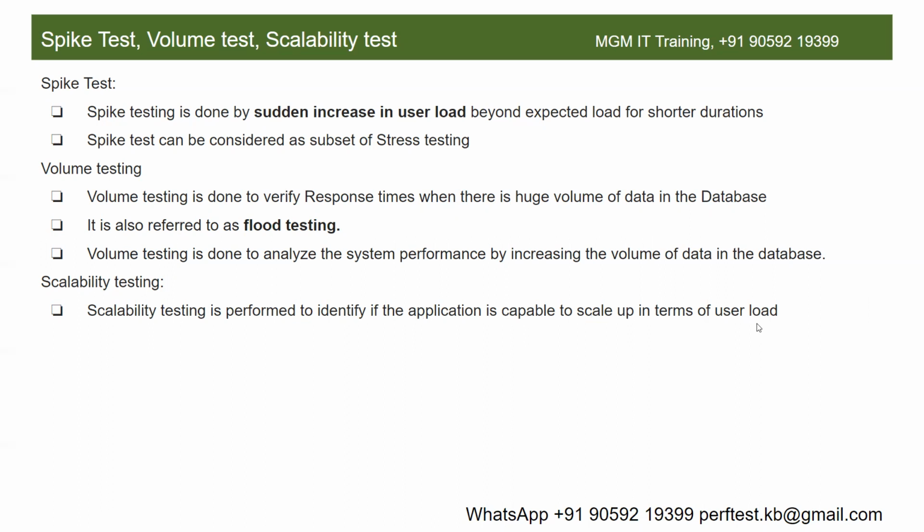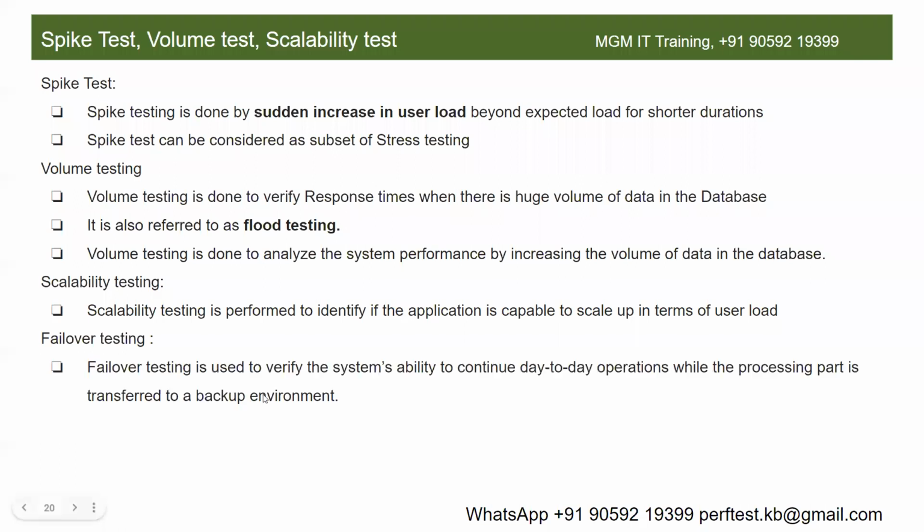That means its user base will increase by around 30%. Facebook has to test whether their current servers can withstand that future load or not. To do that, they do this scalability testing: how scalable is the application in terms of user load?